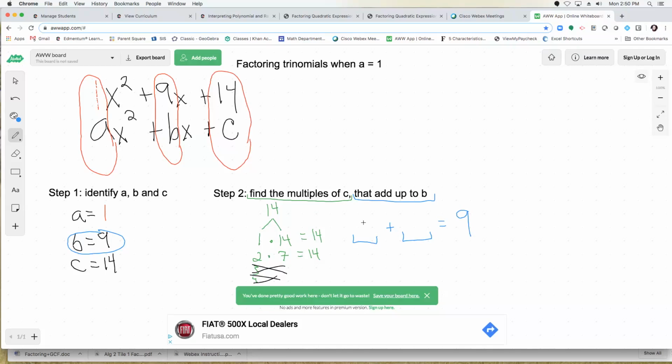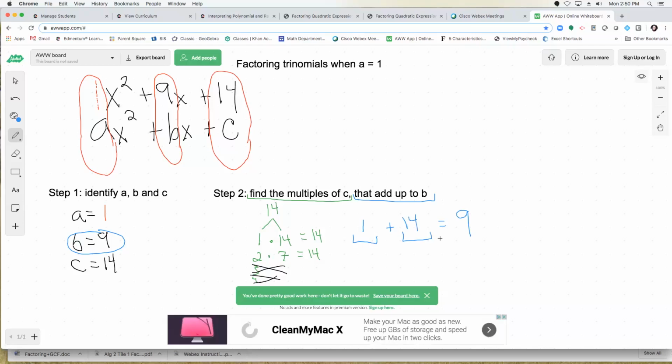So, 1 plus 14. No, that doesn't work. 1 plus 14 isn't 9, it's 15. Then you move to the second one. 2 plus 7. Oh, that works, right? 2 plus 7 is 9. So these are our winners. These are the ones we're going to use for step 3. So we can ignore those now.